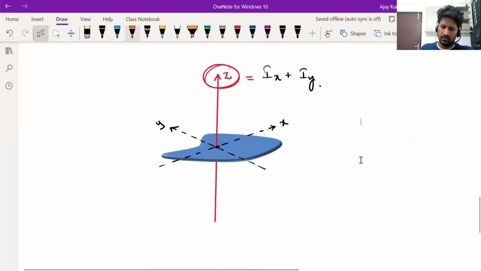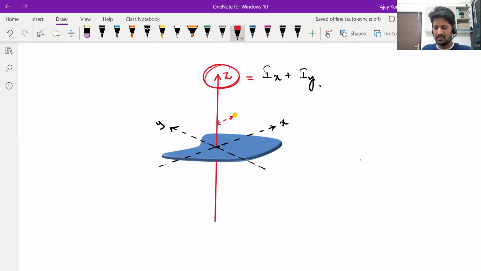Instead of being planar, assume this was a bulky, three-dimensional system. Now, if it is three-dimensional, you can have particles here also. Then its distance from the Z-axis will be this. Distance from the X-axis will not be its Y-coordinate anymore.